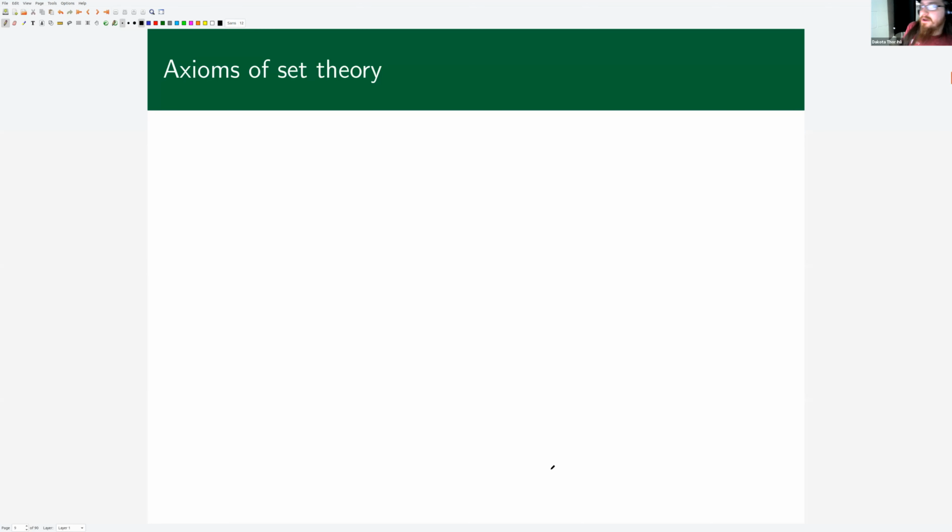And to build the foundations of all of mathematics, you need something which is simple enough that everyone can agree on what the most simple properties of the system are, but also rich enough and robust enough to encode a lot of mathematics.